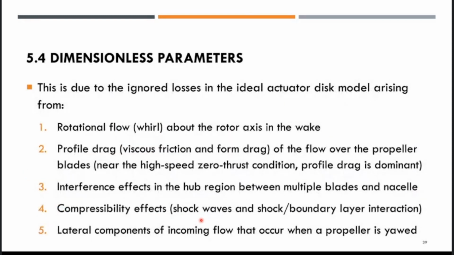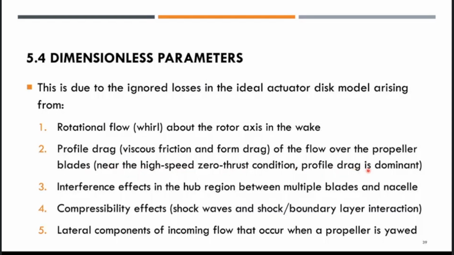All right. So why is that? This is due to the ignored losses in the ideal actuator disk model arising from the following points. One is the rotational flow or the whirl about the rotor axis in the wake. And then the second factor is profile drag, or viscous friction and the form drag of the flow over the propeller blades, which is dominant near the high speed zero thrust condition.